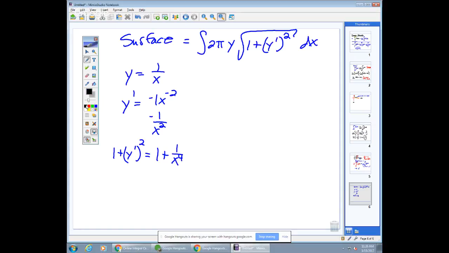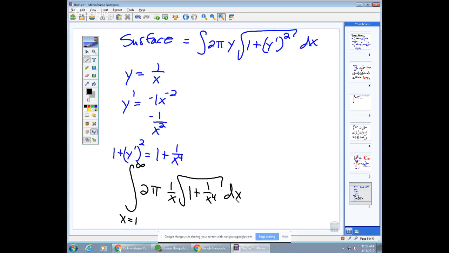So we're going to have the integral as x goes from 1 to infinity of 2 times pi times our y, which is 1 over x, times the square root of 1 plus 1 over x to the 4th, dx.